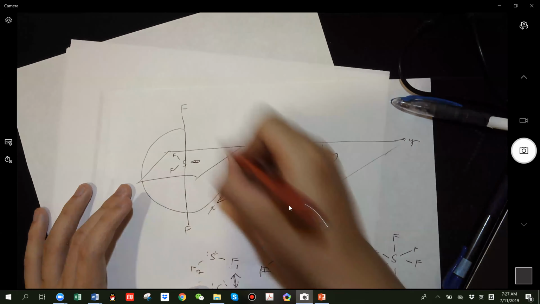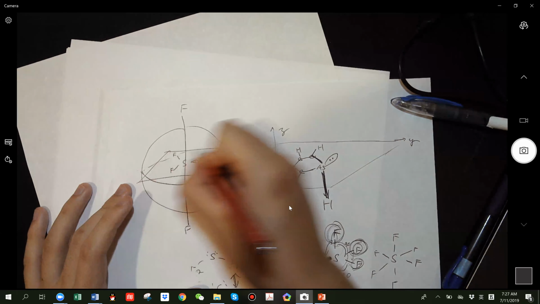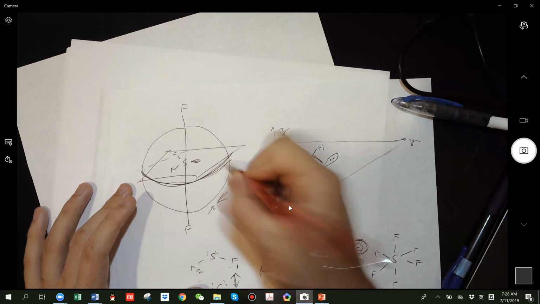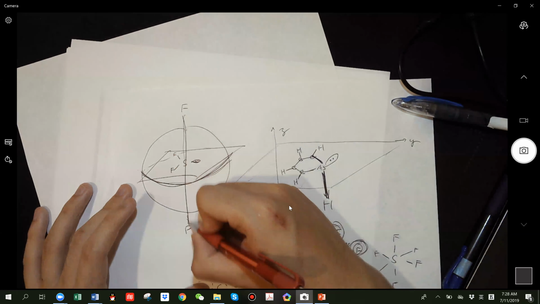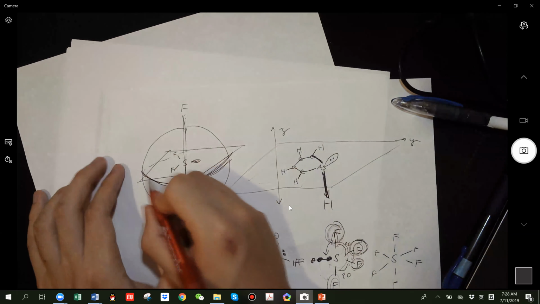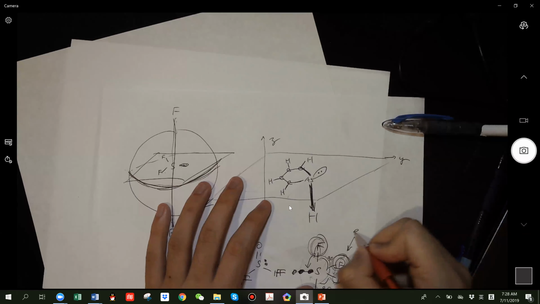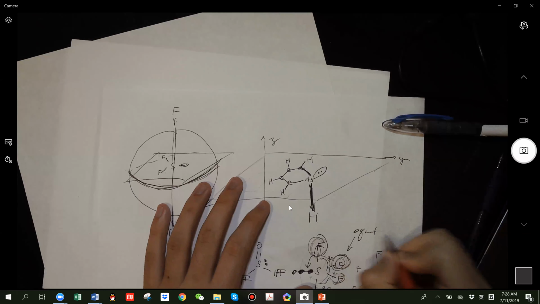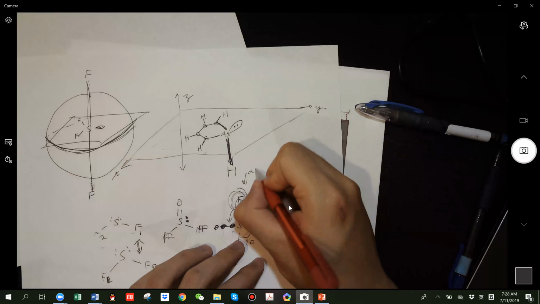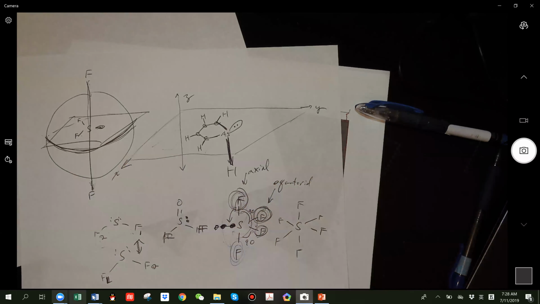You can pretend this is the Earth. Then this is the axis. These are the poles, and these points are on the equator. So we call these positions equatorial, and this one is axial. So I hope that clears up confusion regarding that.